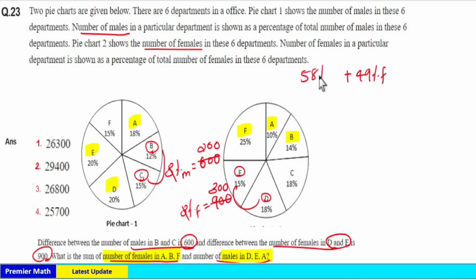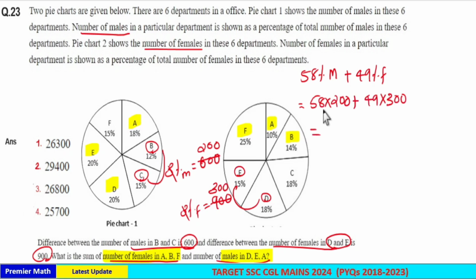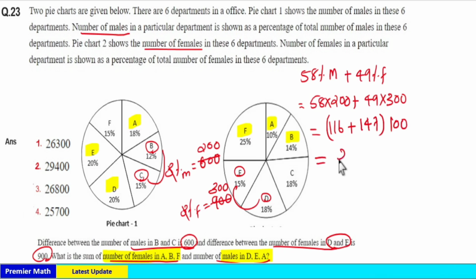So 58% males plus 49% females: 58 into 1% males is 200, plus 49 into 1% females is 300. So 100 is common. 58 into 2 is 116 and 49 into 3 is 40 into 3 is 120, 9 into 3 is 27. So 120 plus 27 is 147. 116 plus 147 into 100 is equal to 26300. Option 1 is your answer.